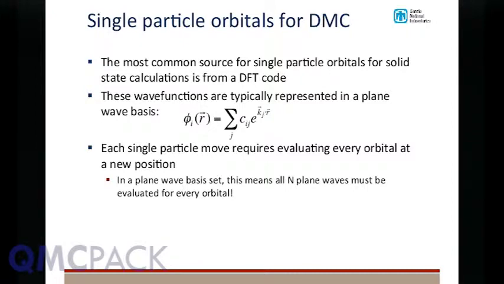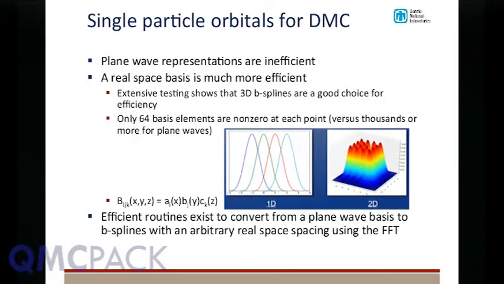All the plane waves would have to be evaluated for every orbital. So what we do is we go to a real space representation. We've got a first quantized real space representation when we do the calculations. So we're going to just spline the plane wave function and then evaluate it in real space.